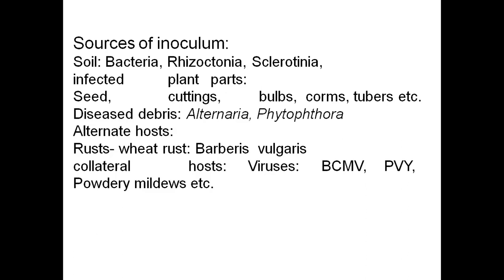Or in case of the viruses or mycoplasma-like organisms, phytoplasma or fastidious bacteria, all these survive on the collateral host. Some of the fungal pathogens like powdery mildew fungi also survive on collateral host.